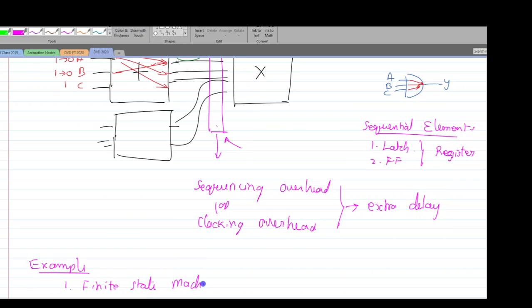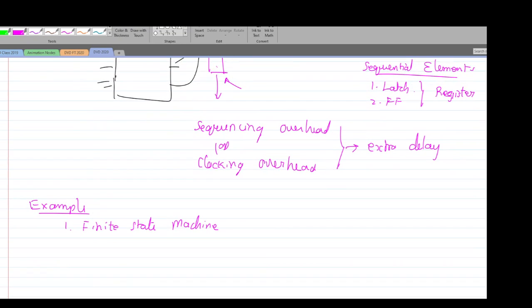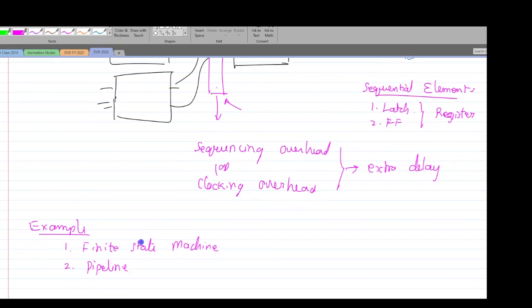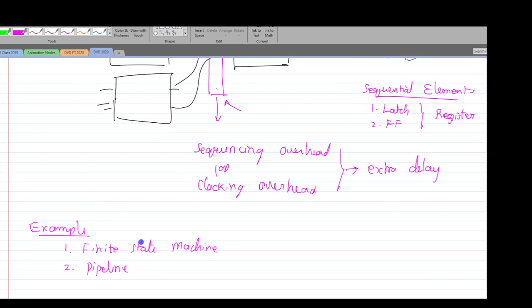You know that in order to hold the state of the machine, we need a sequential block or a register. And also you would have learned about the pipeline. So these are the two examples of sequencing. When you introduce sequencing into your system, the data flows at a particular, constant rate.